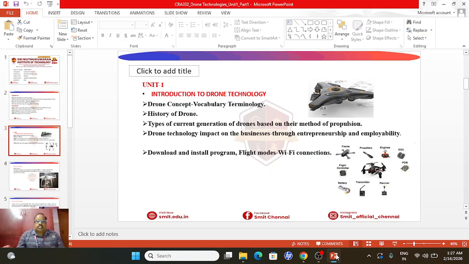And drone technology's impact on business through entrepreneurship, employability, and job creation also. And finally, the download and installation program for drones, and flight modes and Wi-Fi connections.